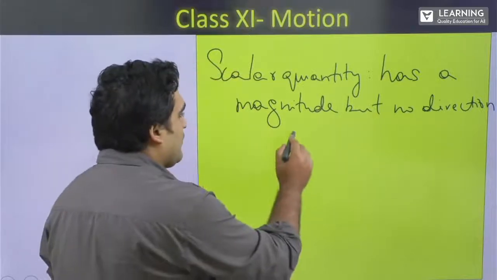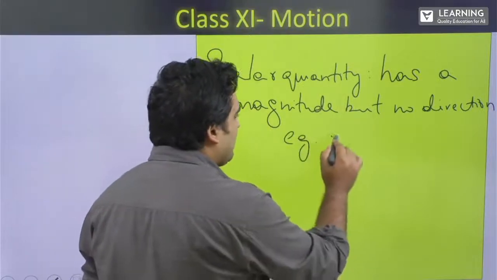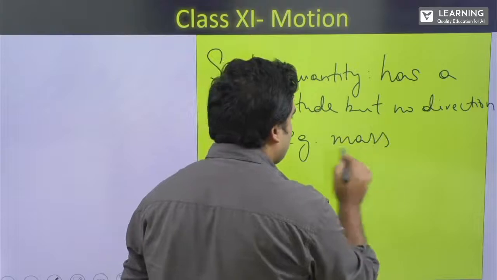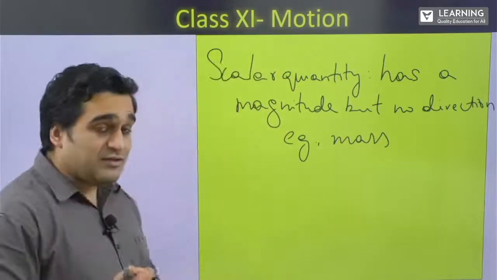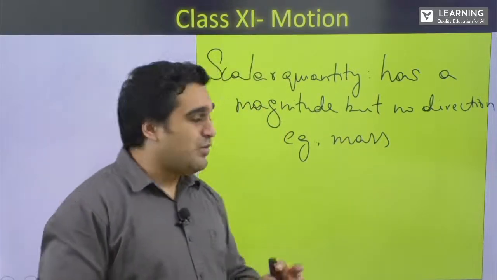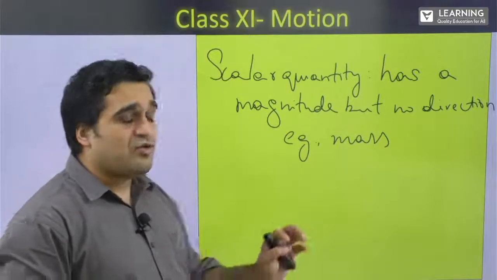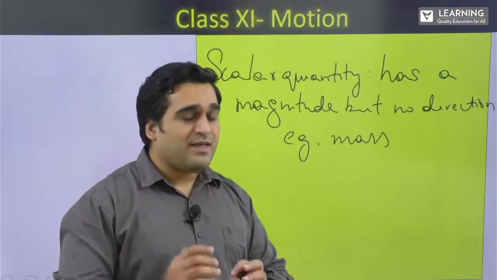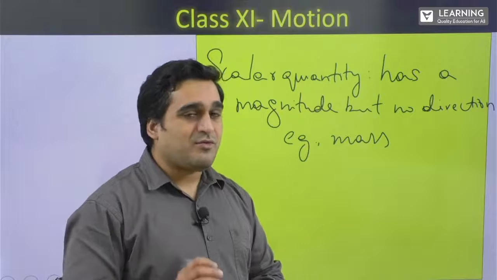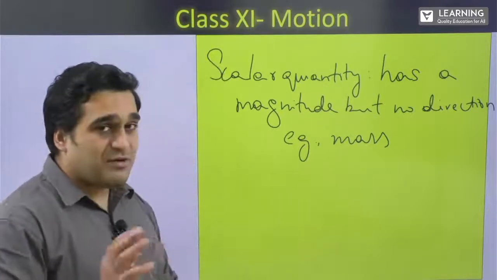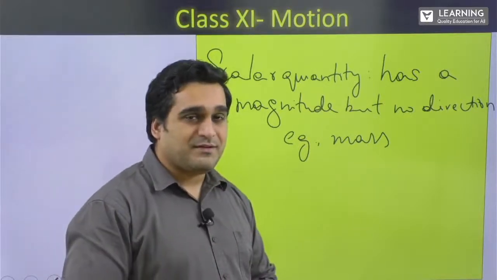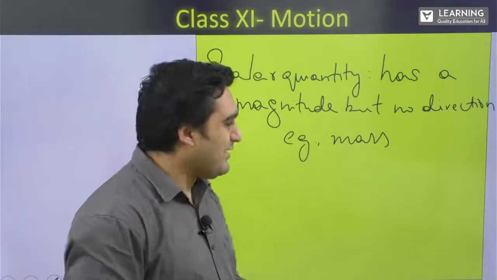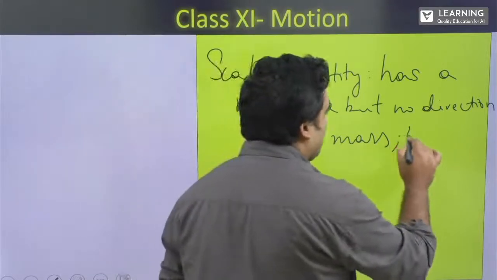Example: one example I gave you is mass. Can you think of another example which has only a value but no direction? Think of another example which has only a value but no direction. Did you guess? That's right. Time.